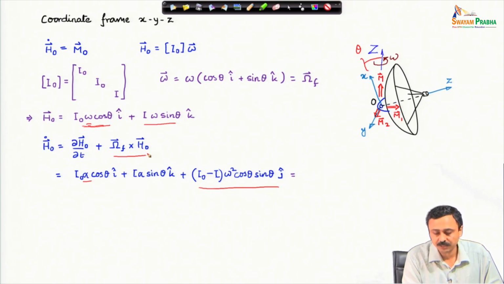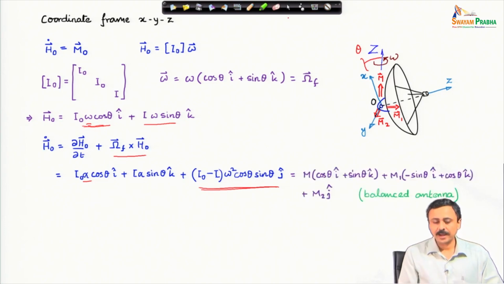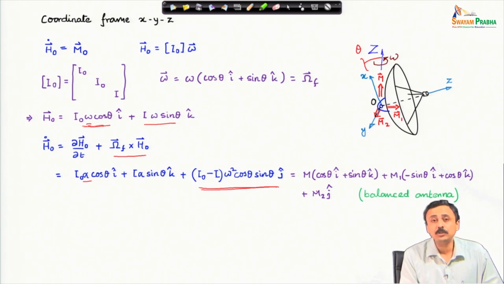So, the frame derivative term gives me an additional term here, and if I proceed with this, on the right hand side I have the net moment about O. Because I have a balanced antenna, the center of mass is at O, therefore, I do not have any moment due to the weight or unbalanced antenna.